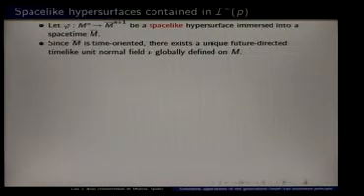We will always consider this orientation, and what we call the future mean curvature is the mean curvature with respect to this orientation.